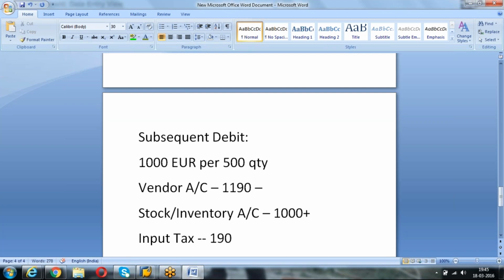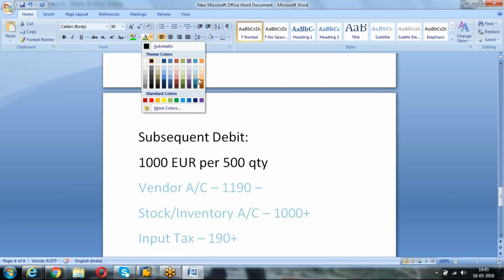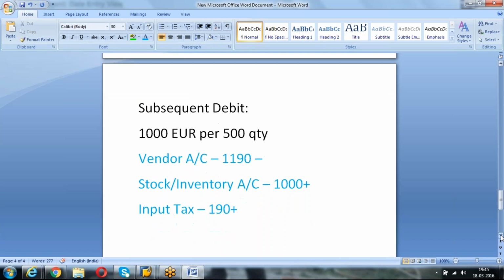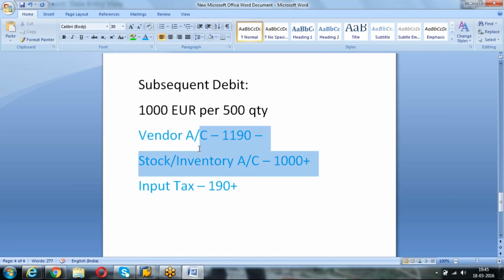That 190 is debit. Here what you have understood, the subsequent debit entries are similar to invoice verification, but in invoice verification you have a GRIR clearing account or consumption account. Here, directly, you have increased the price, that's why that increased price hits the stock account.